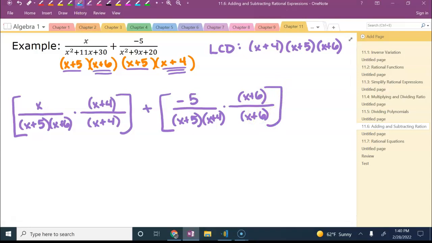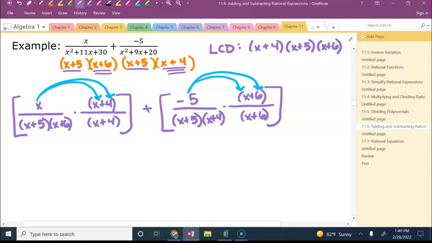Now when you multiply in your numerators, because you're not going to actually multiply these terms in the denominator, you're going to keep them separated, but in the numerators you want to make sure that you distribute, because you're taking a singular term, a monomial, times a binomial. So you've got to multiply twice.